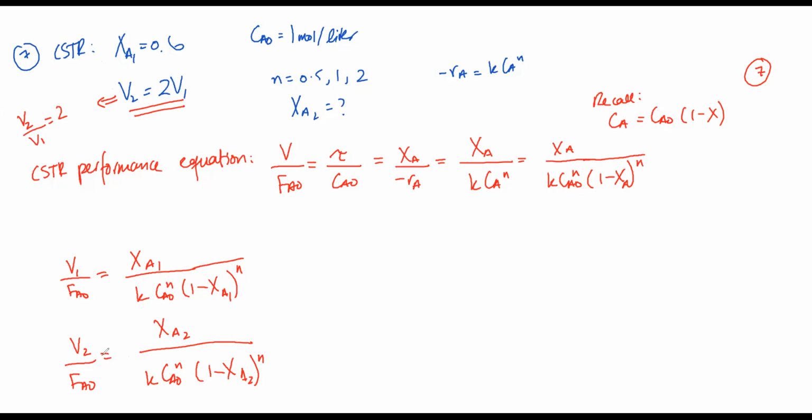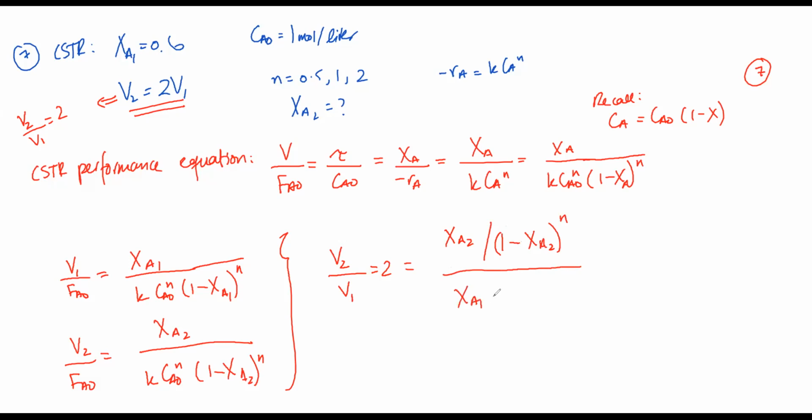If I divide this equation by the top equation, I'm going to get V2 over V1, which is equal to 2, is equal to XA2 divided by 1 minus XA2 to the power N, divided by XA1 divided by 1 minus XA1 to the power N.